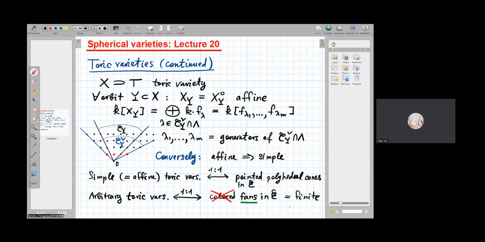Fans are finite collections of pointed polyhedral cones intersecting along their faces, so their relative interiors should not intersect. This means that the cones may intersect only along faces.